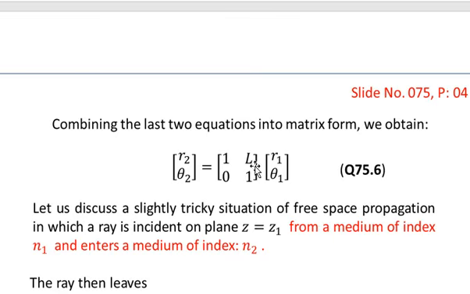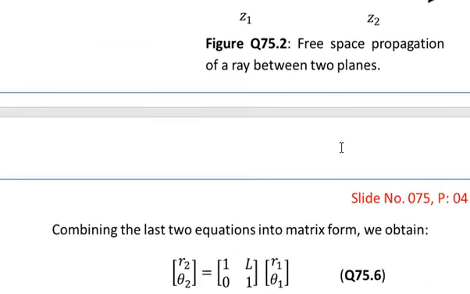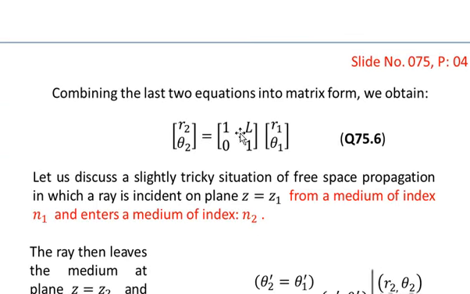So combining the last two equations in matrix form, we have the unknown matrix on the left hand side, and on the right hand side the matrix 1, capital L, 0 and 1, which is the characteristic matrix of free space propagation. So free space propagation has a 2 by 2 matrix containing 1, capital L, 0 and 1 as the elements, and then we have R1 and θ1 as the input elements, which are known.